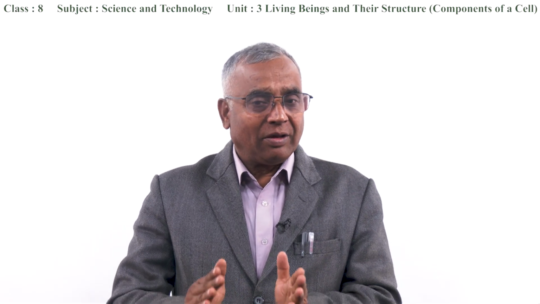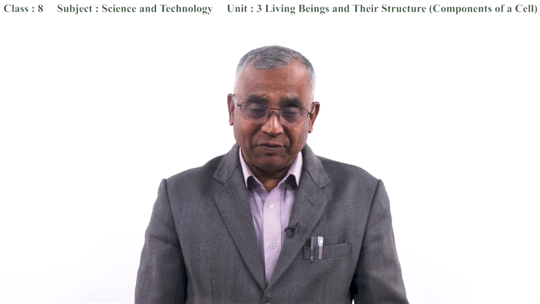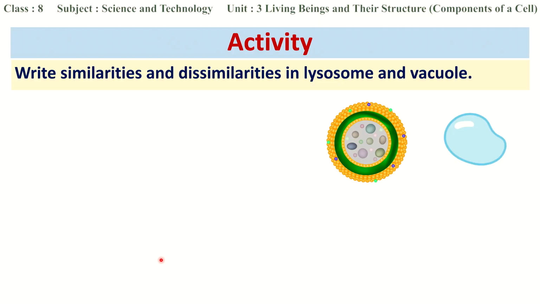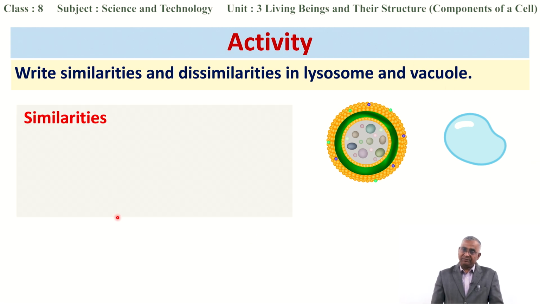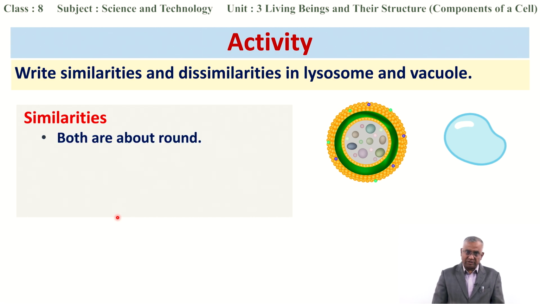Now one activity we are going to do, in which you have to write similarities and dissimilarities between lysosome and vacuole. At first try to write similarities. What similarities do you find? Very few they may be. It is not necessary to make a table, you can write in sentences. Well, now see the first point.